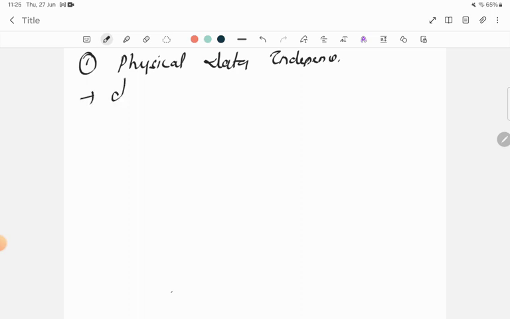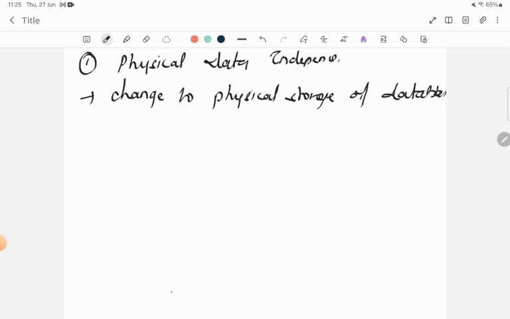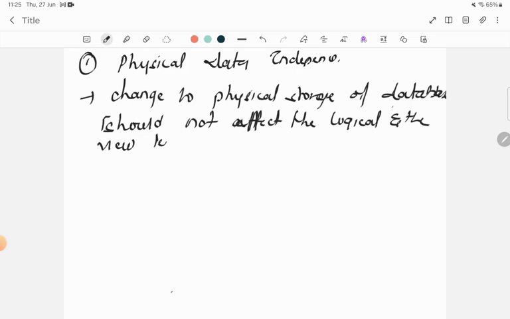It means that any change to the physical storage of the database, for example modifying the storage device or organizing the files in a different way, should not affect the logical and the view level. If there is any change at the physical level, the user is not going to be affected by that.